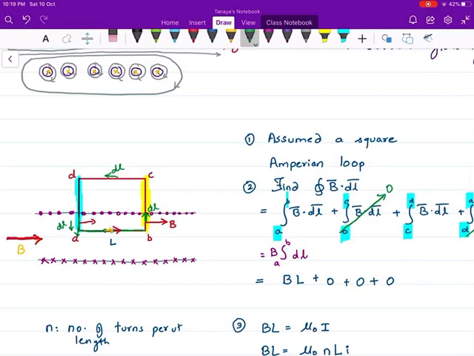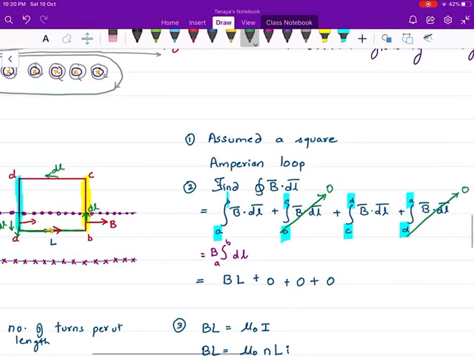We are considering the case of an ideal solenoid, and so outside the solenoid the magnetic field is 0. If the magnetic field is 0, this entire term is going to be 0. Right? So we have only one term which is contributing, that is B integral A to B dl.